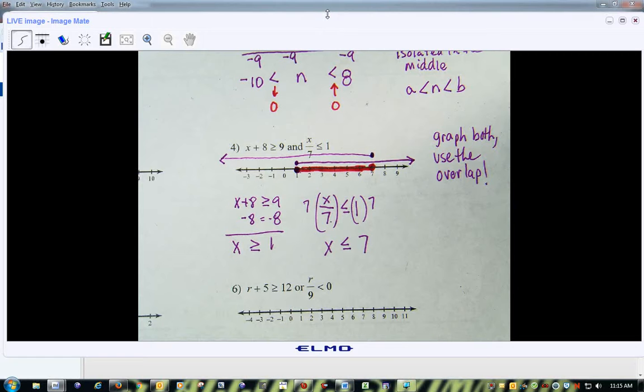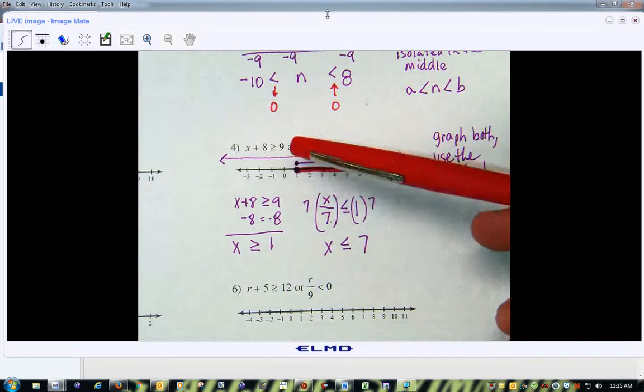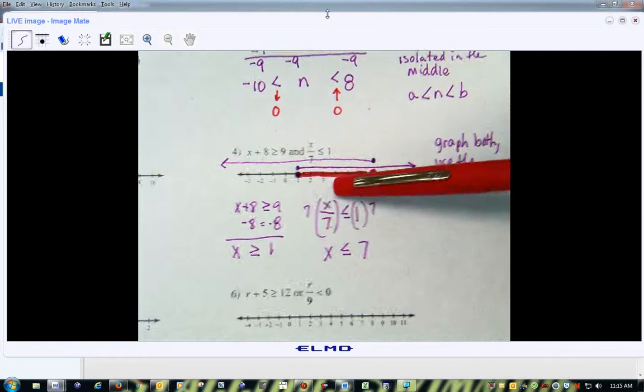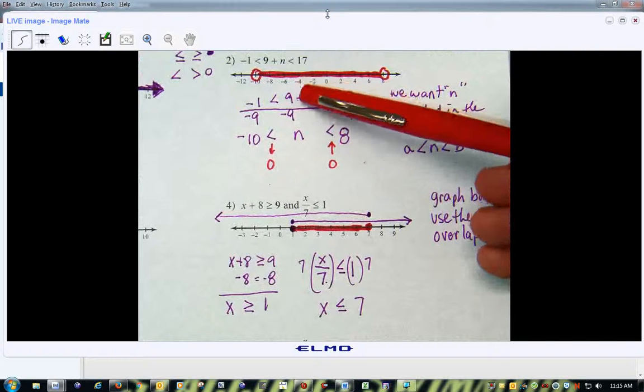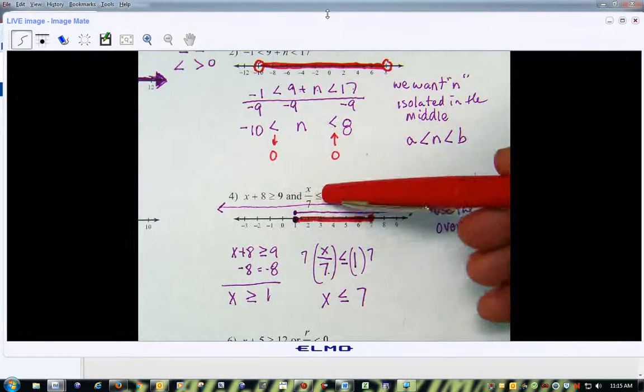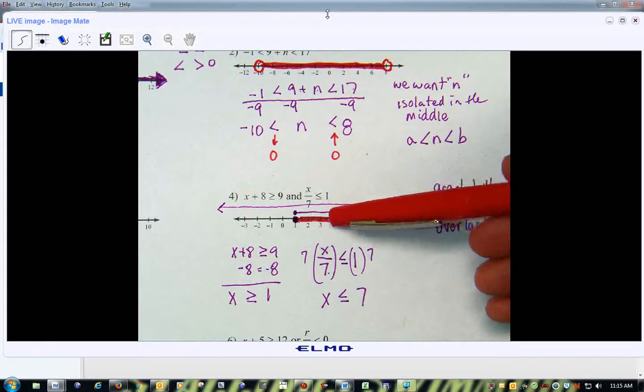So if you have something that says and that isn't like this, even though the final graph looks a lot like what we had up here, if it just says and, you have to make sure that you're going to go with the overlap. So we can break it down.